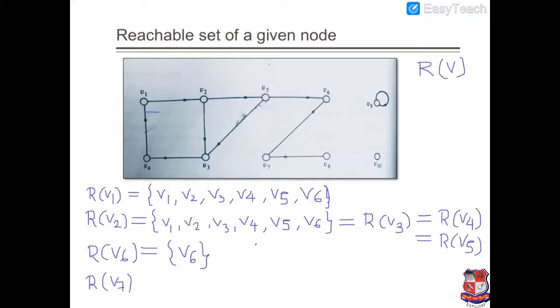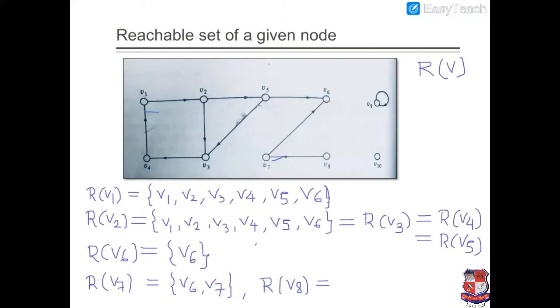Now the reachable set of V7. V7 is reachable to V6 by this path. Therefore, the reachable set of V7 is V6, V7. Now the reachable set of V8. V8 is reachable to V7 and to V6 by this path.